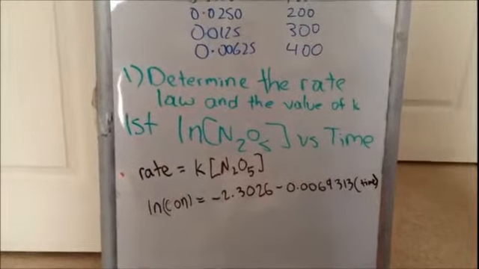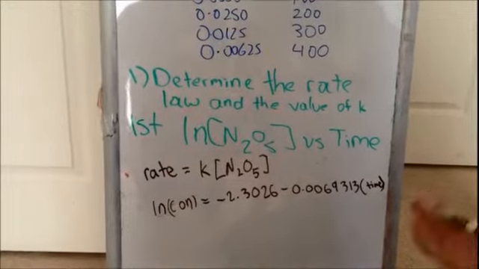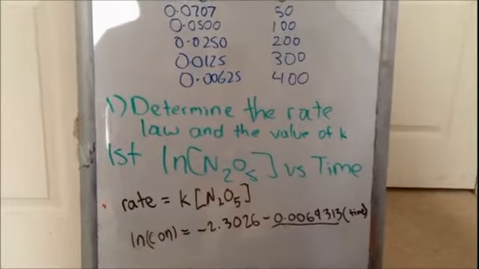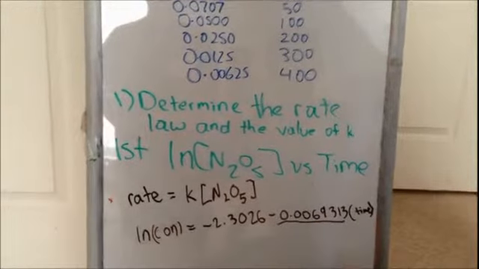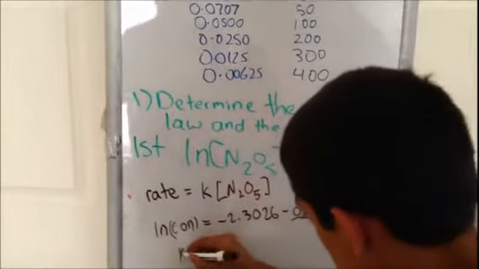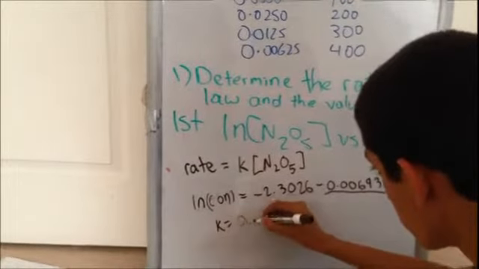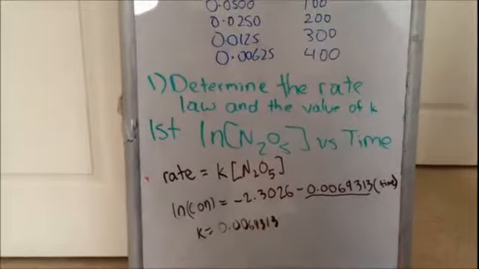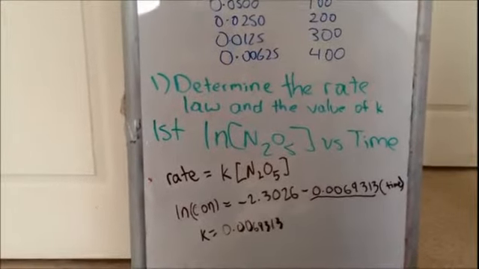Basically our K value is just going to be the negative of the slope. In this case, the slope is this 0.0069313 value. Since it's negative, our K is the negative of that negative, so K is going to equal positive 0.0069313.